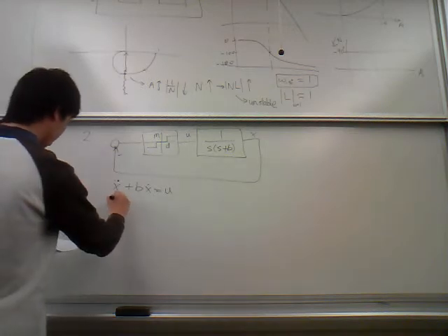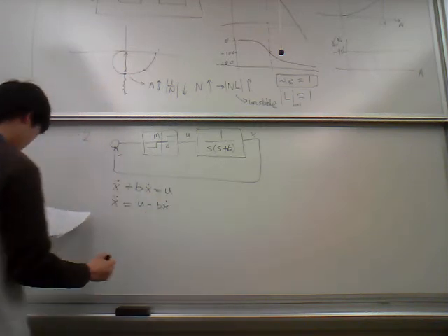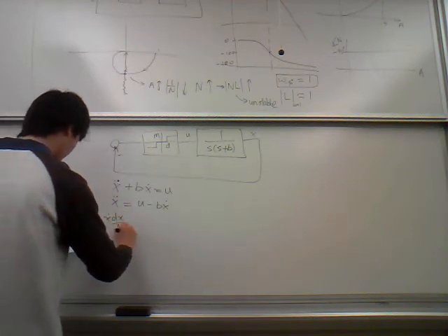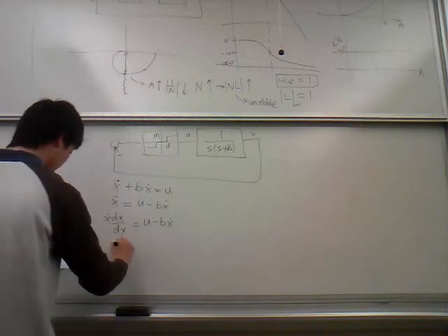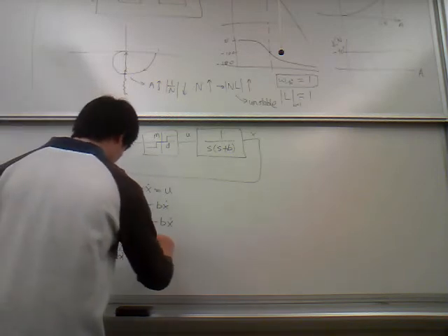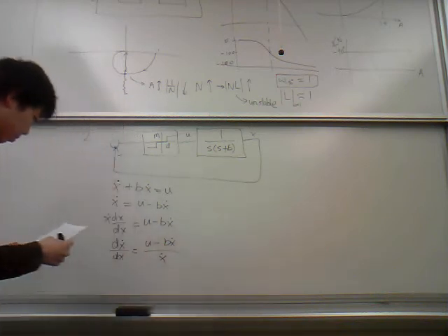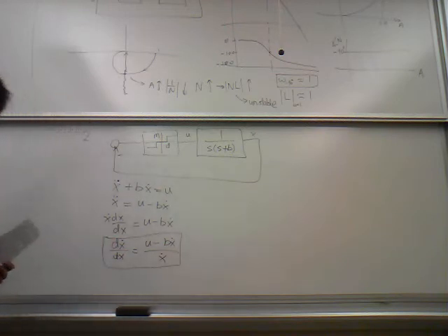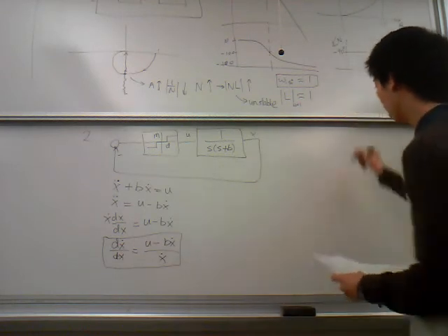So we can do x double dot equals u minus b x dot. x double dot is also x dot dx dot over dx. So here's the equation for a slope. Let's go to the phase plane.